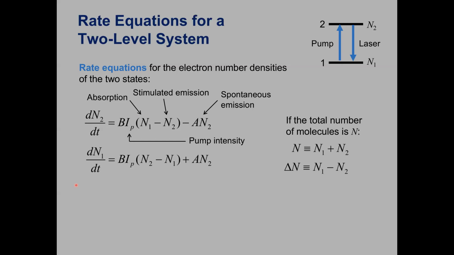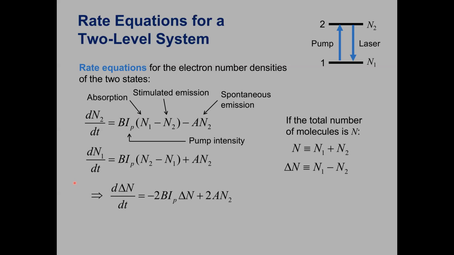And then we'll call delta N the difference in populations of the two energy levels. So we can combine these two equations to get an equation for delta N. So d(delta N)/dt looks like so.